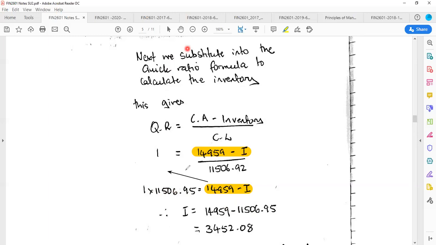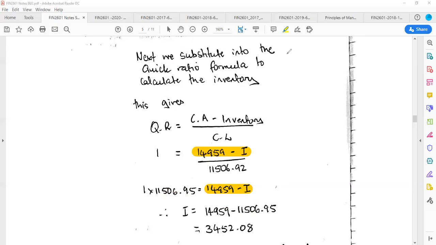Remember, whenever you take something to the other side, its sign changes. That's why this inventory was negative, then it became positive. This one was positive, then it became negative, right?